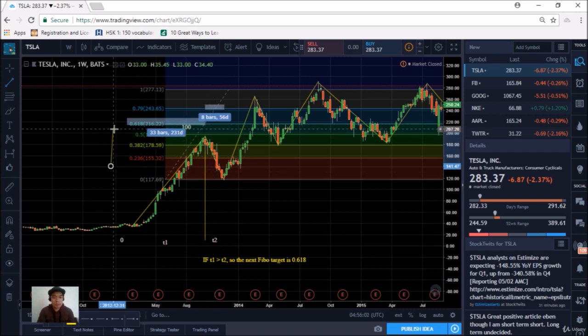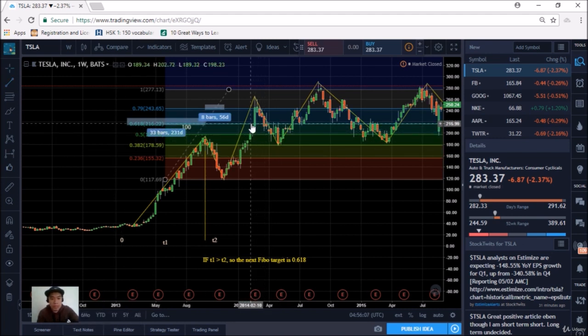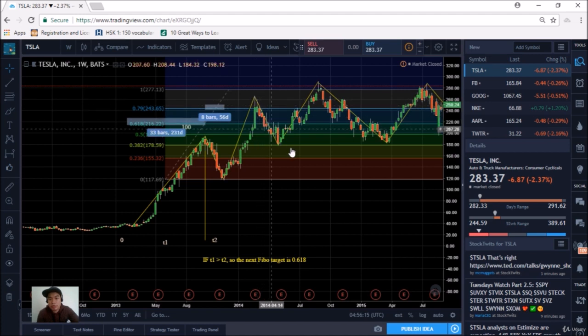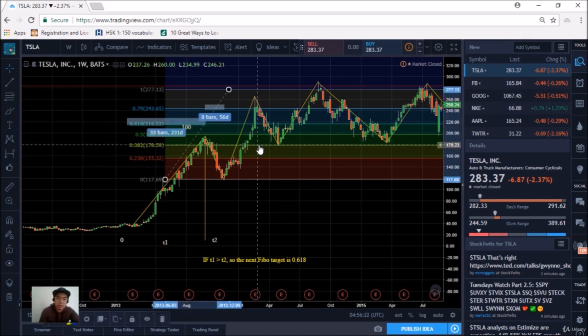We take this simple example: it just hit its target, 0.618. You can see that it achieved its target, and after it achieved its target, it started to retrace.